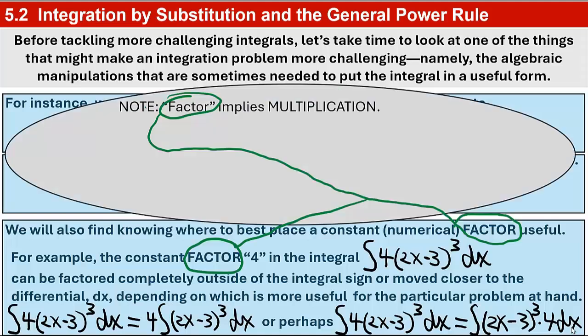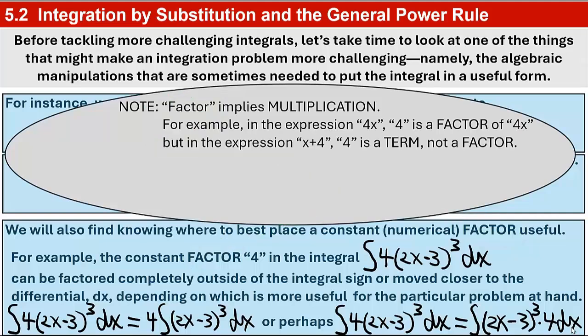I want to go back to this word factor before I close out on this. Factor implies multiplication. So when I say that you have a numeric or a constant factor, what I mean is a number being multiplied by something. For example, if you have the expression 4x, 4 is a factor of 4x because it's multiplied by x.